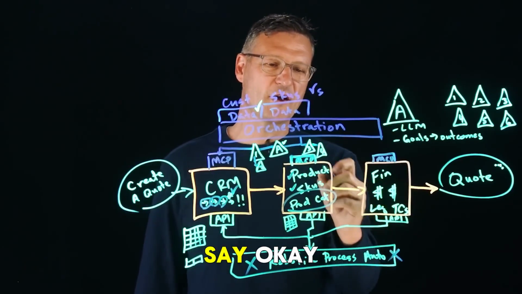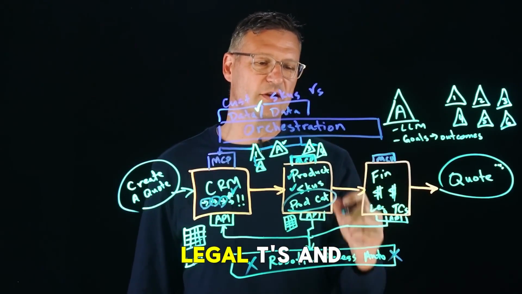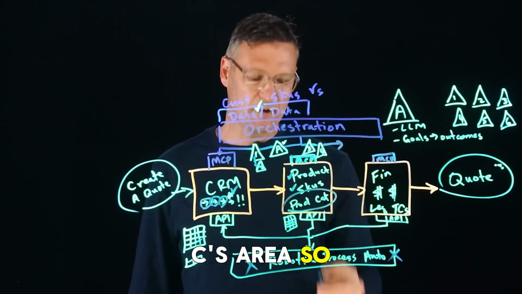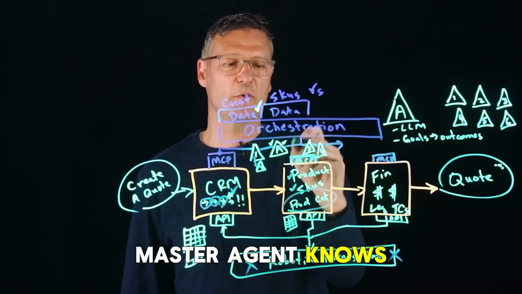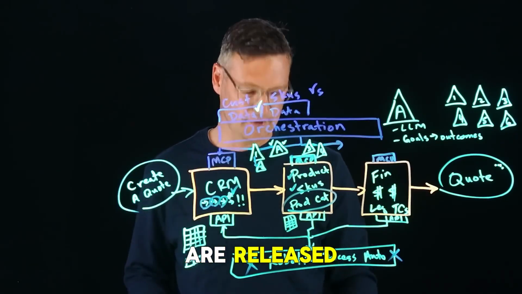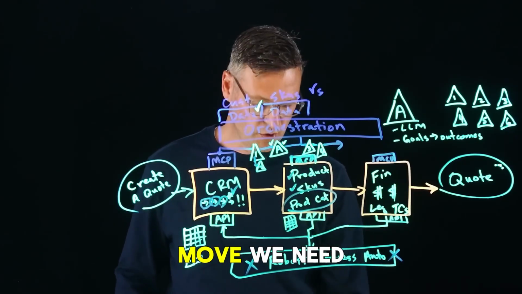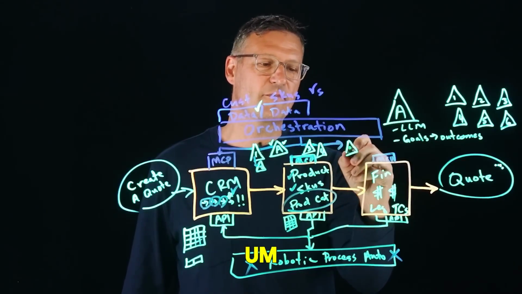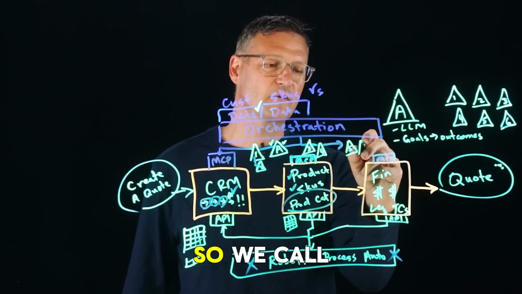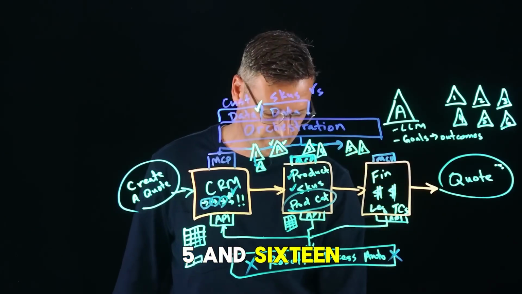Then we move forward into this financial legal T's and C's area. Again, our little master agent knows where we're at. 3 and 4 are released, and now we need green again, and we move into agents 5 and 6. So we call in our agent 5 and 6 team.